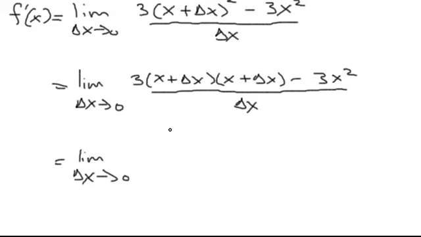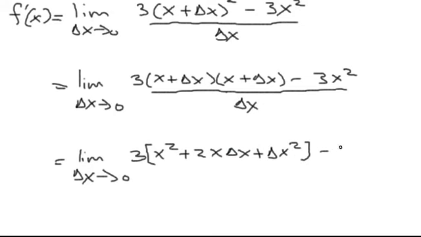So we want to multiply this stuff out. And I'm just going to leave the 3 out for right now. So x times x is x squared. Then you'd have x times delta x, and then delta x times x, so that's plus 2x delta x, and then delta x times delta x is delta x squared, minus 3x squared, all over delta x.